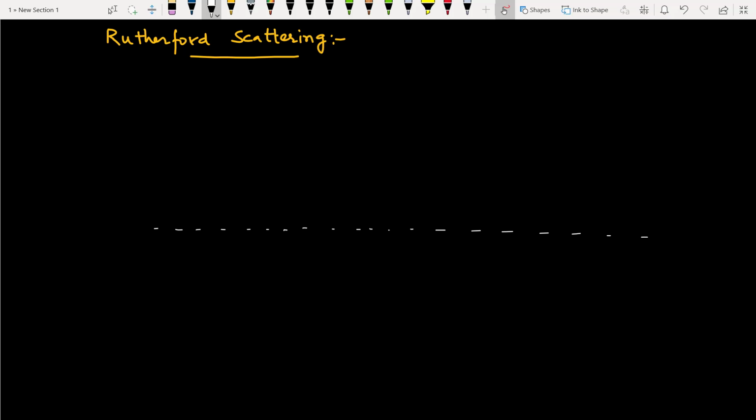This is the x-axis, positive x-axis, negative x-axis, and say this is the origin, and on the origin there is lying a nucleus of charge plus Ze, and we have a scattering particle that is incident and that is having a charge of Z dash e.